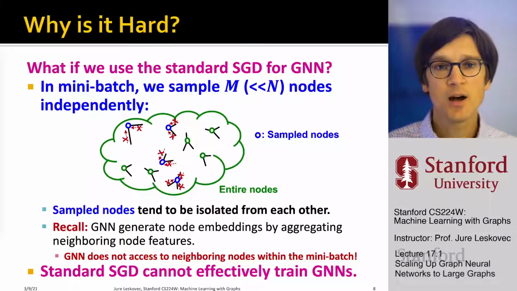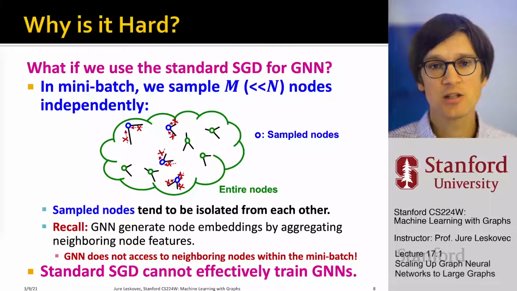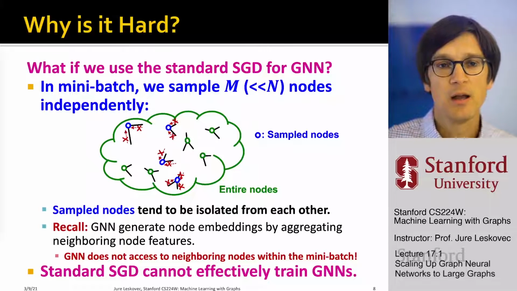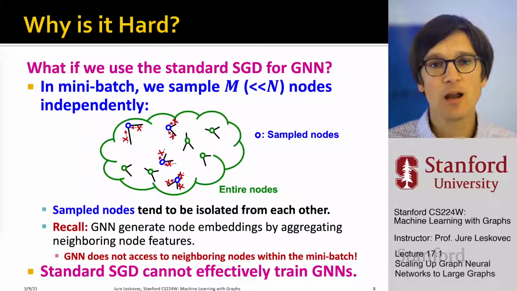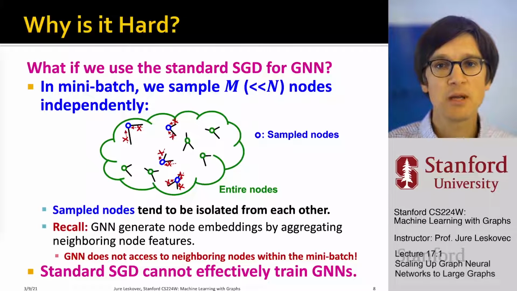So what this means is that the nodes in a mini batch will tend to be isolated nodes from each other, and because the GNN generates node embeddings by aggregating information from the neighbors in the graph, those neighbors won't be part of the mini batch, so there will be nothing to aggregate, and whatever gradient we compute over isolated nodes won't be representative of the full gradient.